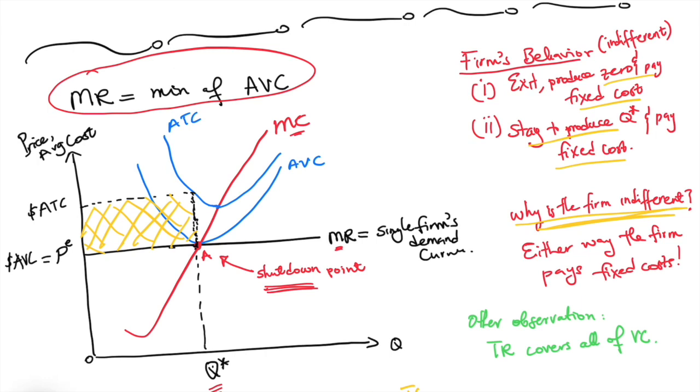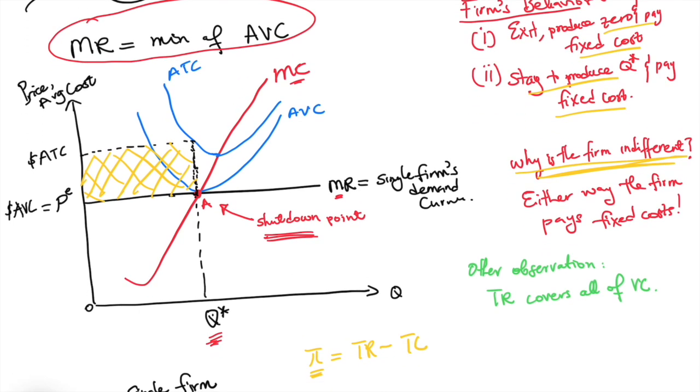So the whole time, what I have been doing is trying to figure out how much profit we will have. In this case, total revenue minus total cost is total revenue minus variable cost minus fixed cost, right?